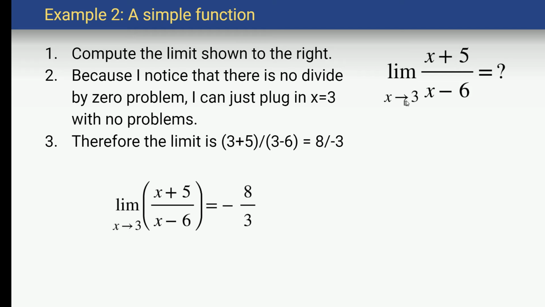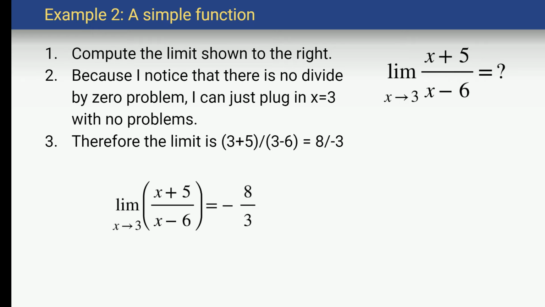A limit as x approaches 3 of x plus 5 over x minus 6. What is this limit? You could absolutely make a table of values here. If x is approaching 3, you should be using like 2.9, 2.99, or 3.1, 3.01. So you can make a table here. It will work perfectly well.